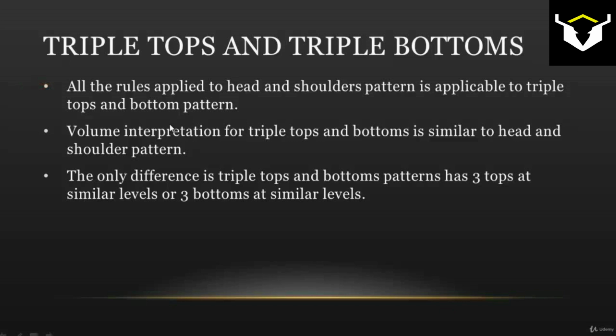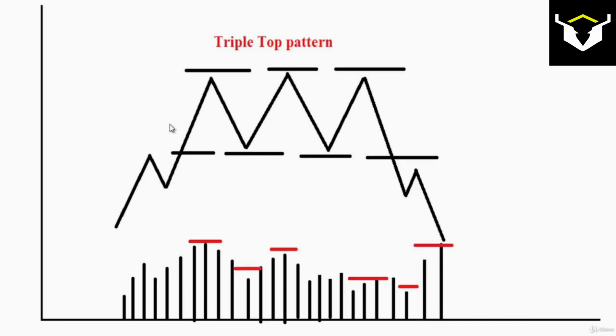Volume interpretation for triple top and triple bottom is similar to head and shoulder pattern. The only difference is triple top and triple bottom patterns have three tops at similar levels or three bottoms at similar levels. Following is a diagram of an ideal triple top pattern.